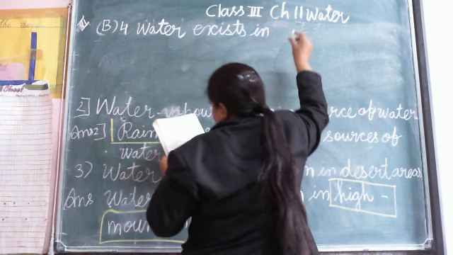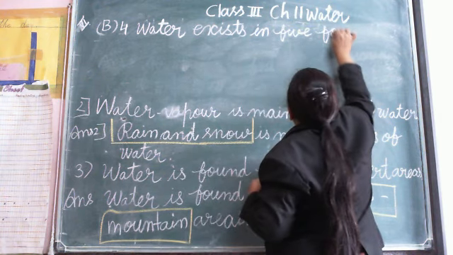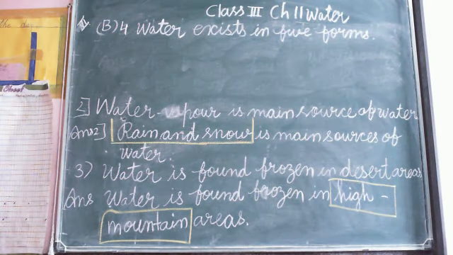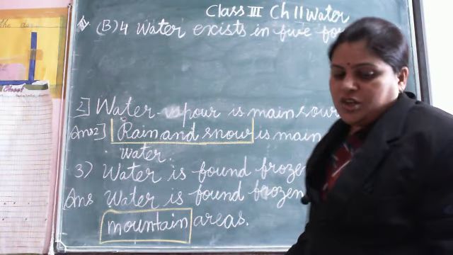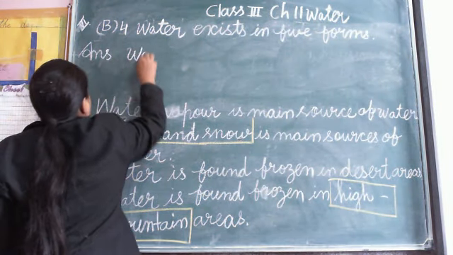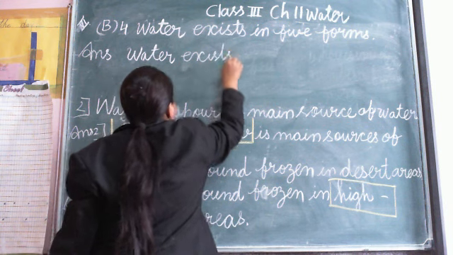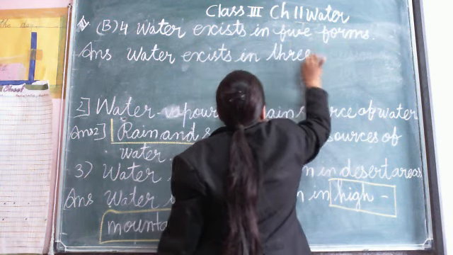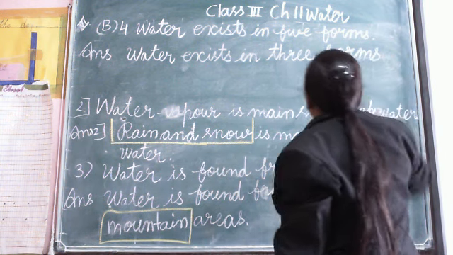Is this right? No, water has 3 existing forms: liquid, solid and gaseous. So the right answer is water exists in 3 forms.